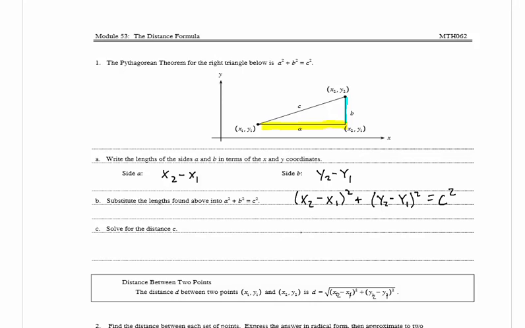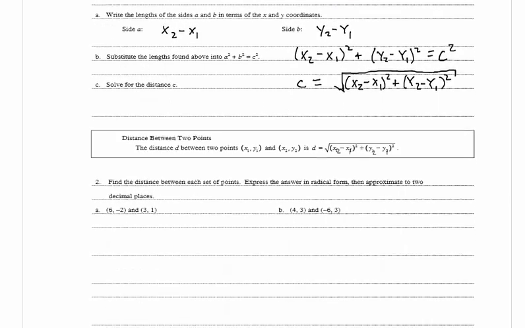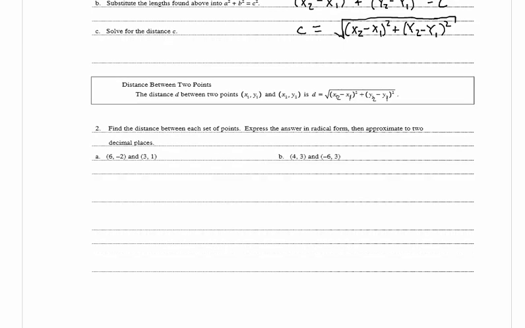And if we took the square root of both sides, we would have c is equal to the square root of (x2 minus x1) squared plus (y2 minus y1) squared. And we're only going to use the positive square root in this case because distance is always positive. So now they've stated the distance formula that we just showed how to prove.